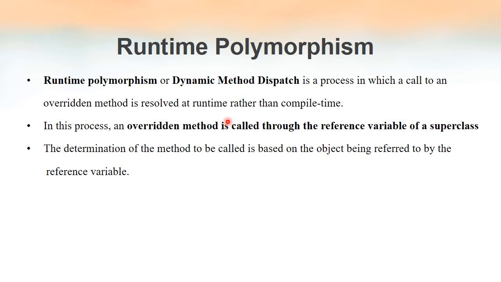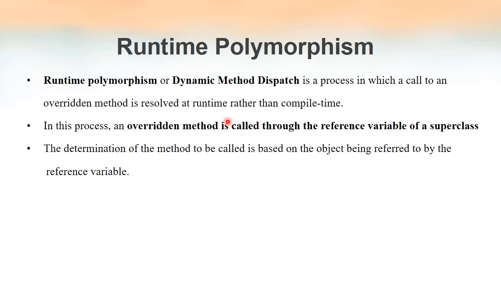So when we call method 1 during the running time, which of these two methods needs to be executed? That decision is made during running time. That process is known as dynamic method dispatch or runtime polymorphism.